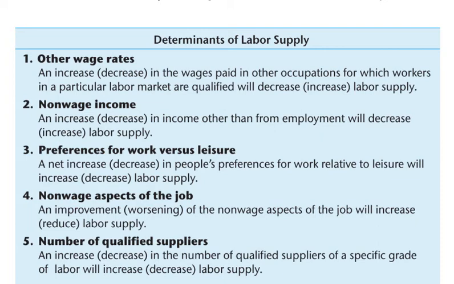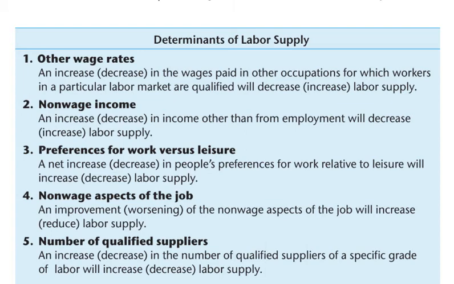This may improve the supply of labor in the economy. So as a consequence of an improvement in the non-wage aspect of the job, this can shift the supply of labor to the right.